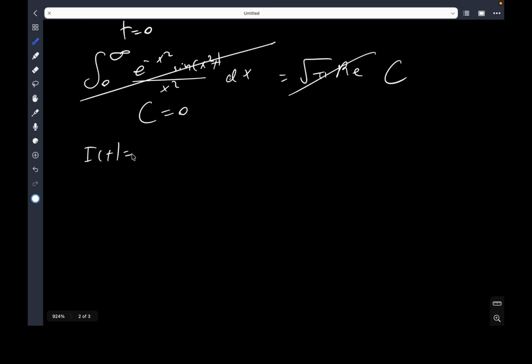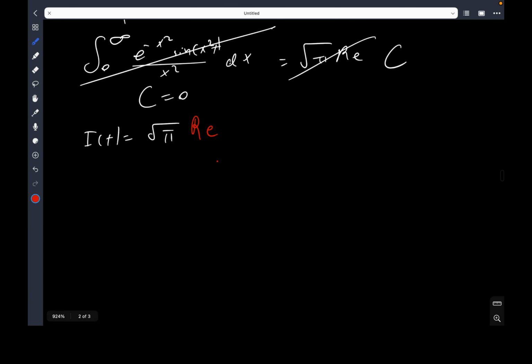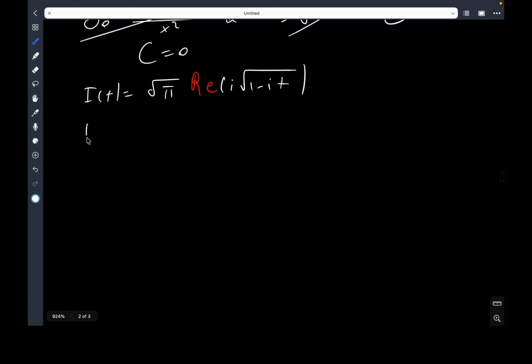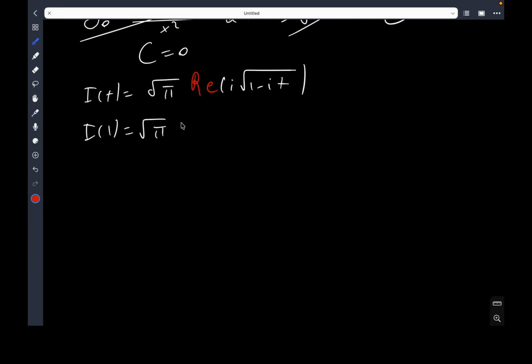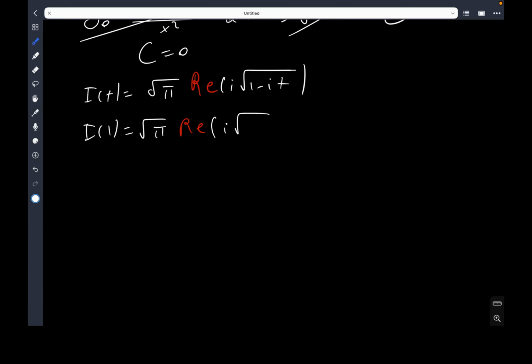Thus I of t is root pi, the real part of i root 1 minus it. And if I plug in I of 1, I'm going to get root pi, the real part of i root 1 minus i.